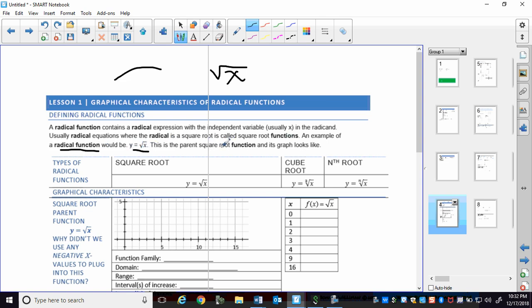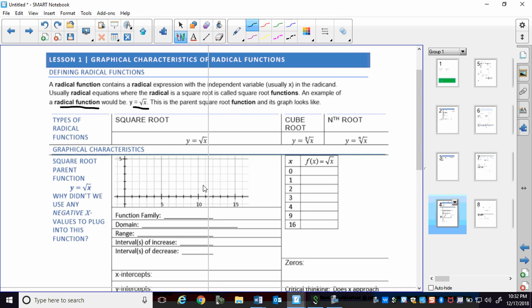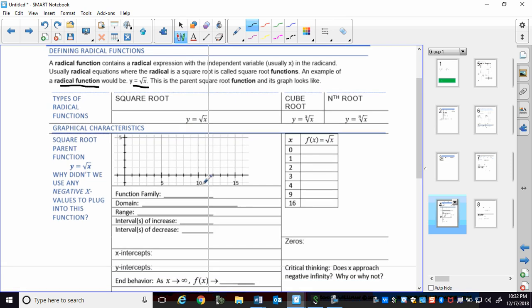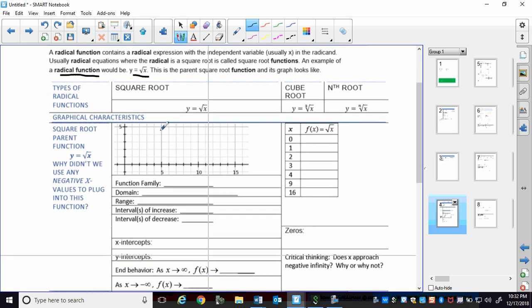This is the parent square root function, and its graph looks like, well, we have to graph it. So we're going to do that. So what we're going to do is take the square root, and the graph looks like this.